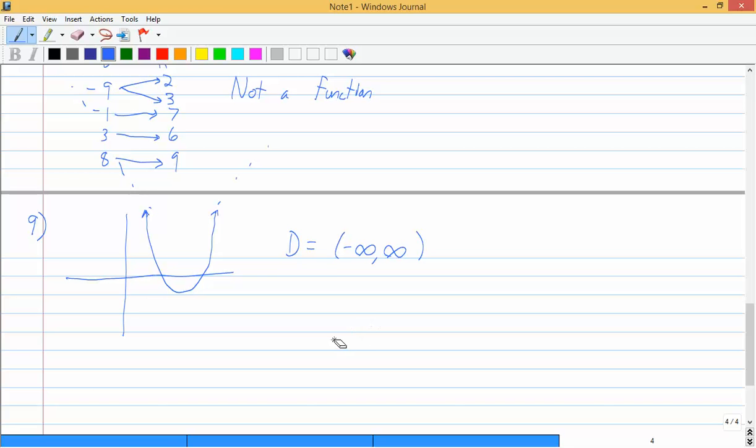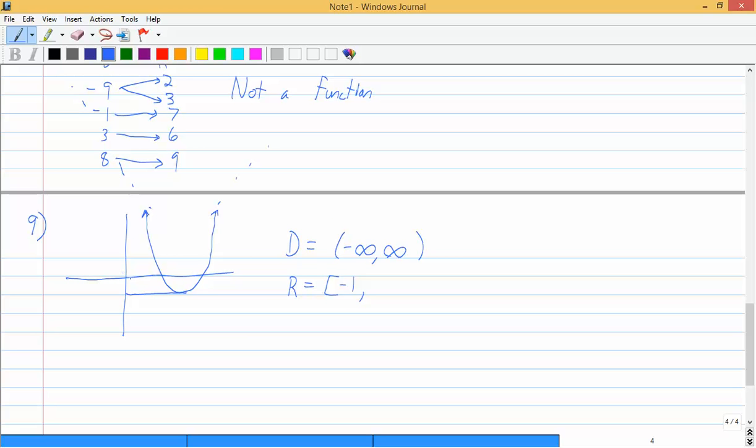Now the range, remember that's the y values, so that's up and down. The smallest y that we could take and trace over and touch the graph would be right here at the bottom. So we need to see what that bottom y is. It looks like that's going to be negative 1. Since you can actually touch the graph, there's no hole there, so you put a bracket with negative 1.